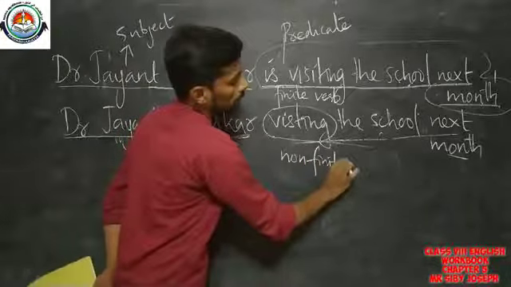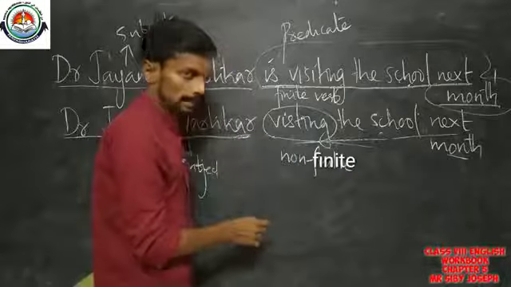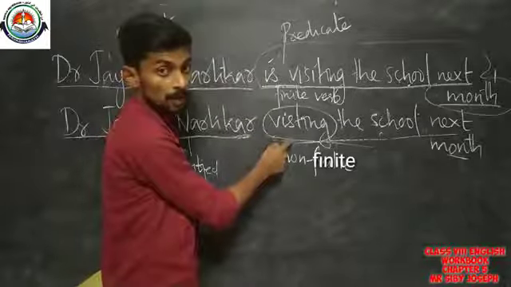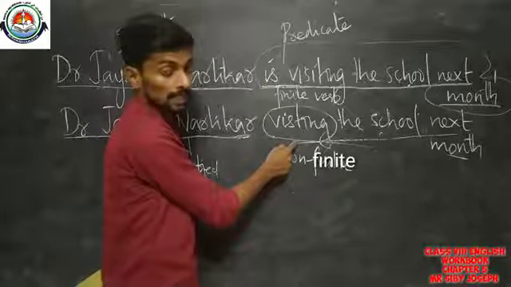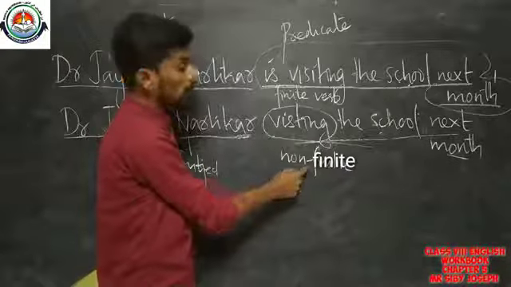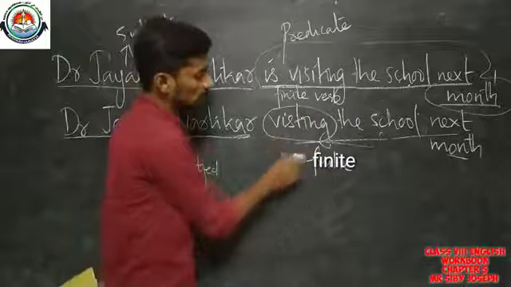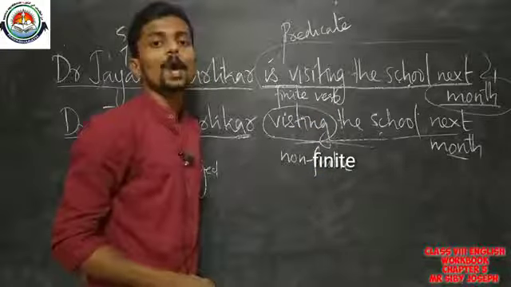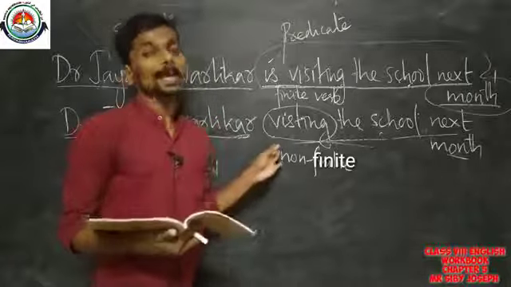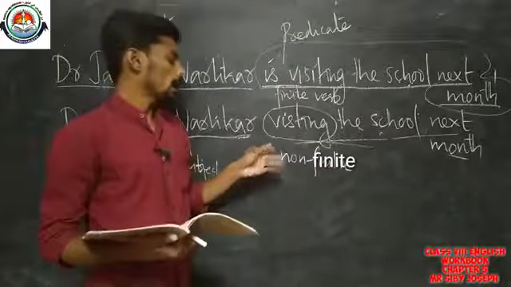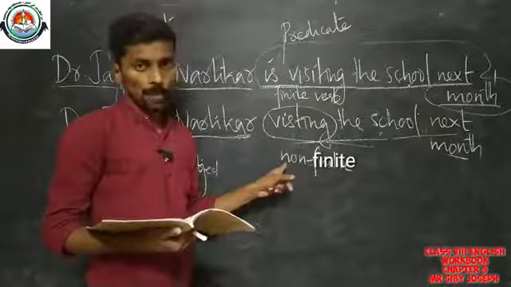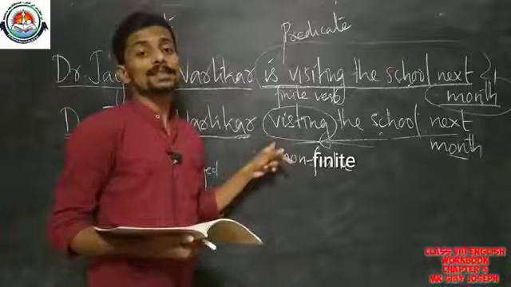Just before, we discussed that verbs in ing form and ed form are said to be examples of non-finite verbs. So visiting is here actually a non-finite form of verb, so it cannot form a predicate.